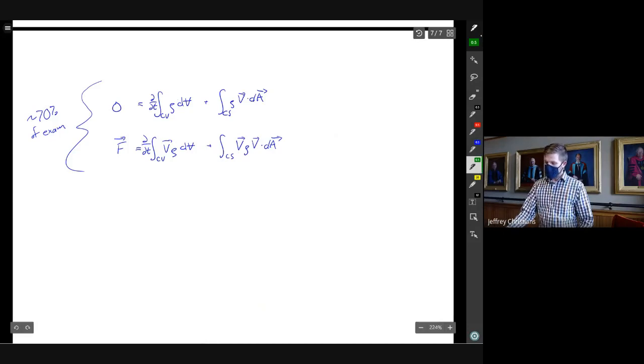So there will be one problem on the exam where at least one part of it actually makes you solve either that integral or that integral.